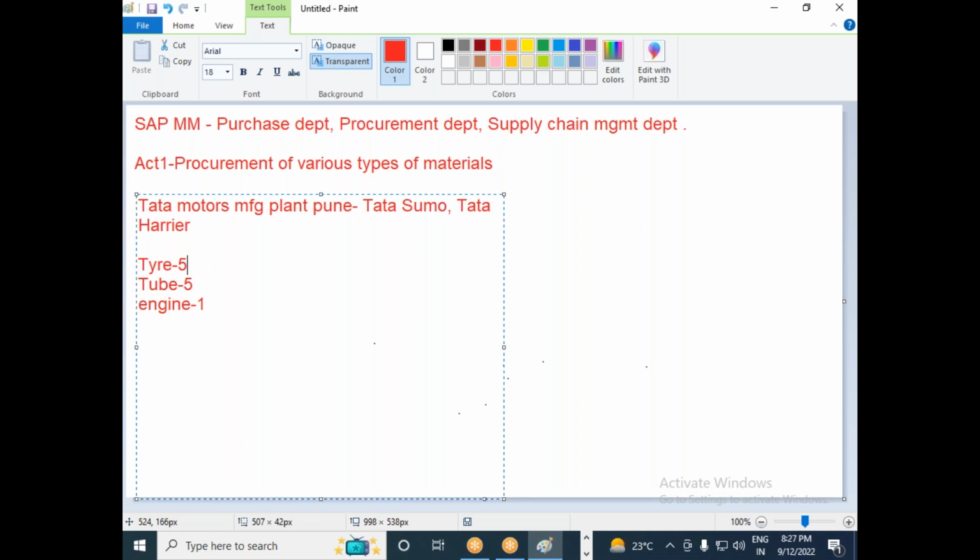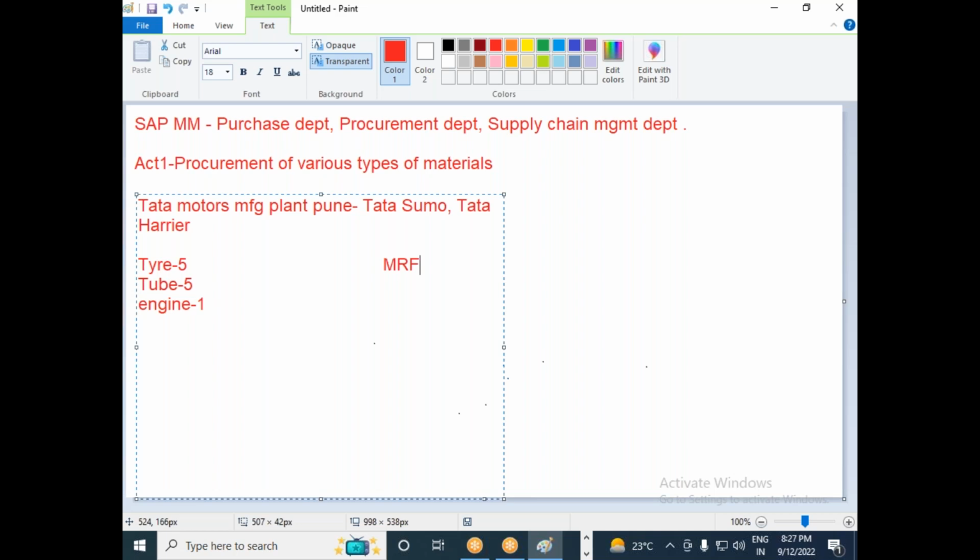Otherwise, somebody else is manufacturing the tire. Let us say MRF company. So nearby there is an MRF company. MRF company is already manufacturing the tire. So if MRF is already manufacturing the tire, Tata Motors is not required to manufacture the tire on its own.